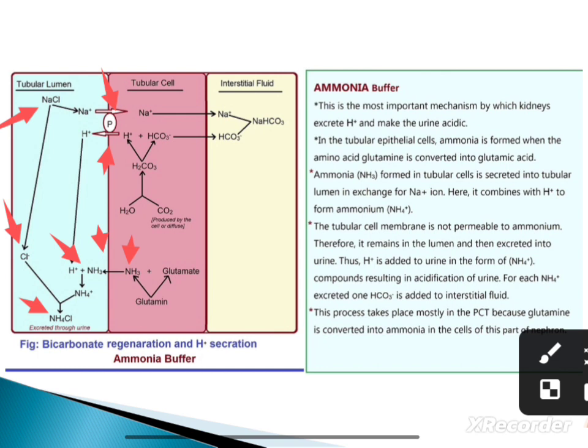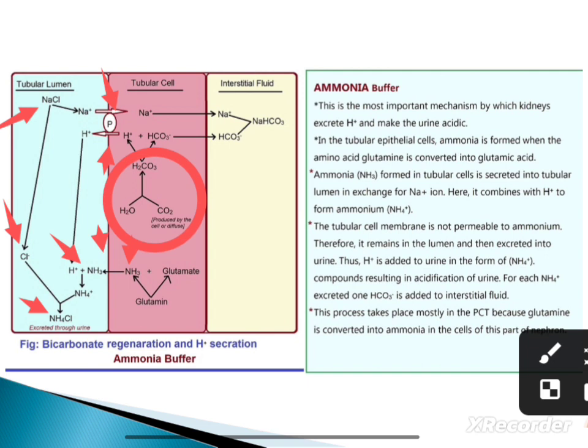In the renal tubular cell, you will find that water and carbon dioxide bind to form carbonic acid. You may ask where this carbon dioxide comes from. The renal tubular cell is a cell. Several metabolic pathways occur here, and from many metabolic pathways we get carbon dioxide.